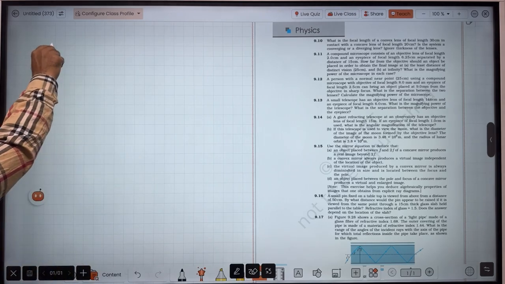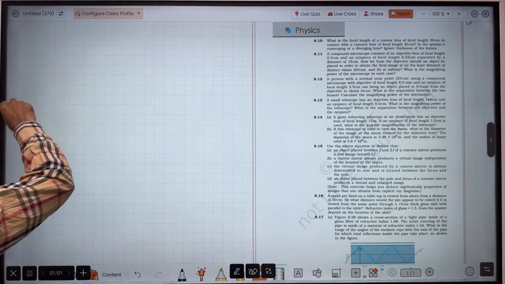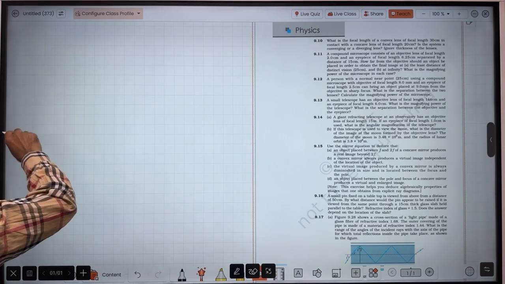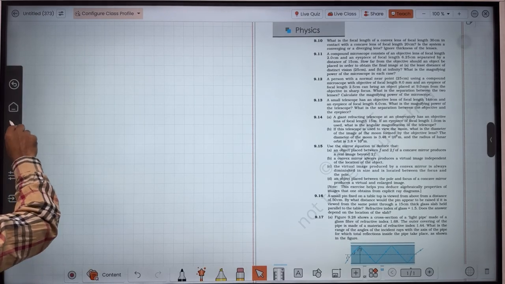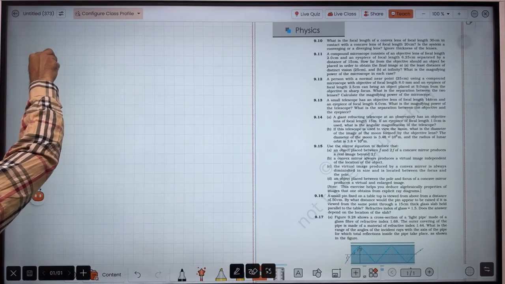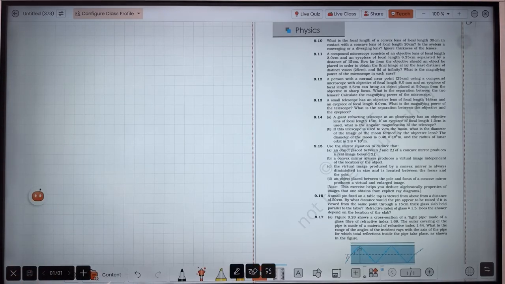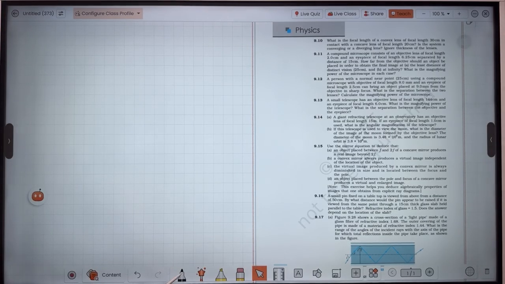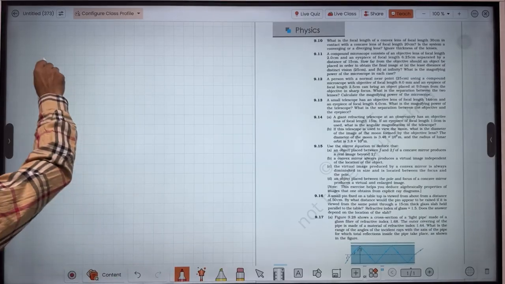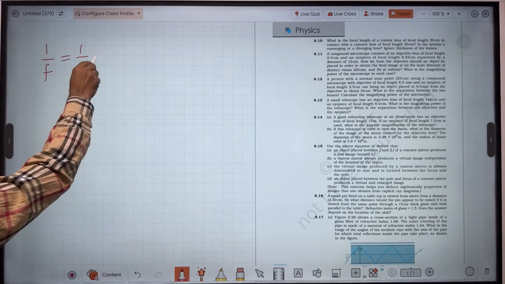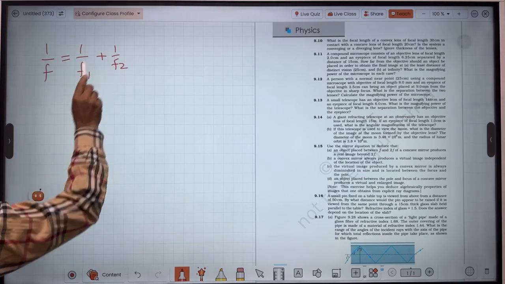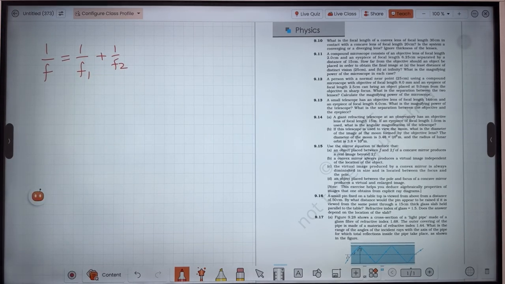You have studied when lenses are in contact, how to write the combined focal length. For that, we write 1 upon f is equal to 1 upon f1 plus 1 upon f2, right?